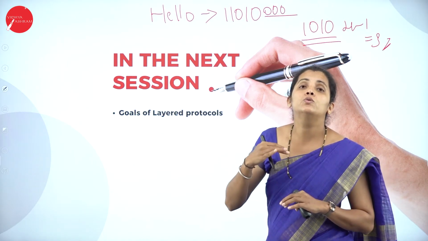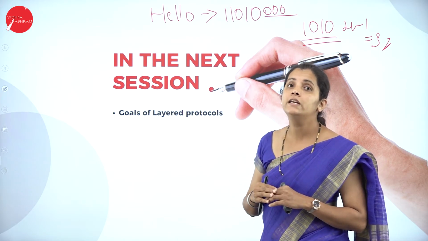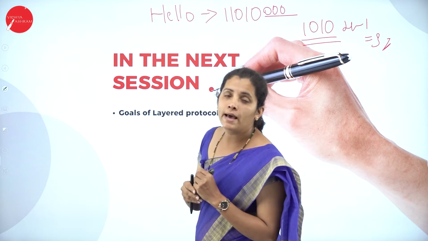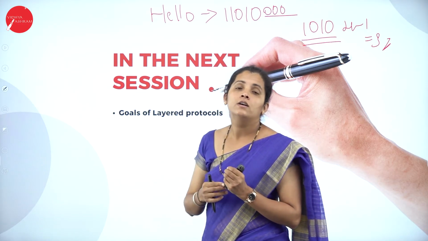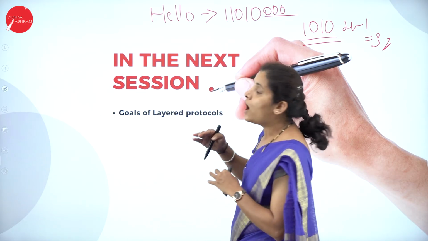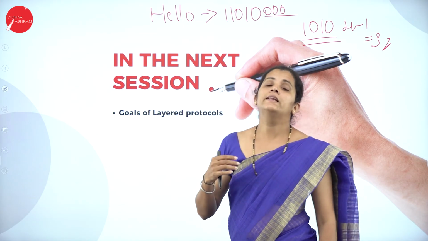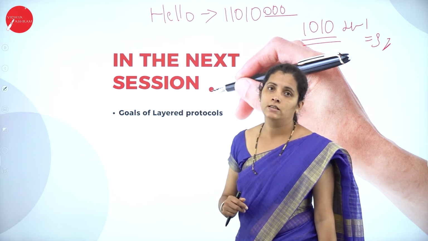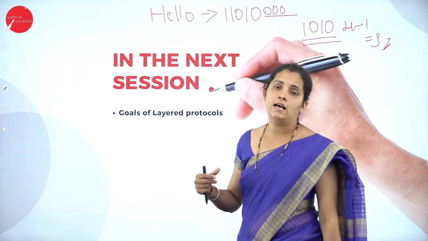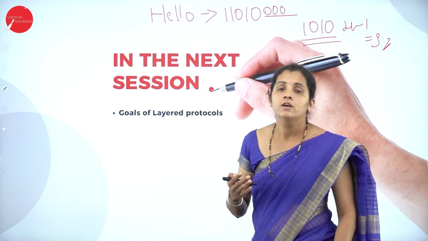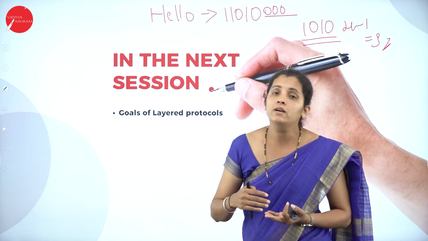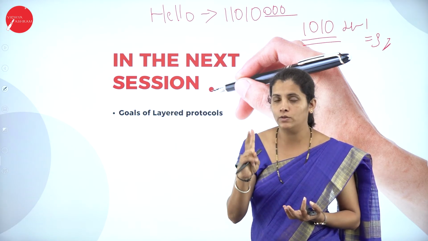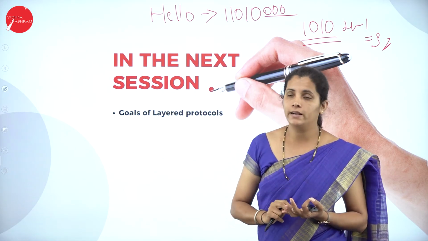Now I'm going to perform binary division. Binary division is the same as your XOR operation. After performing binary division, whatever value I get is treated as your CRC. If I am performing a division operation, I get two values, that is quotient and remainder.